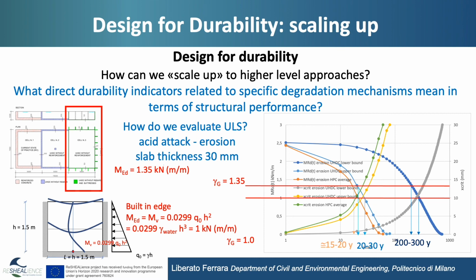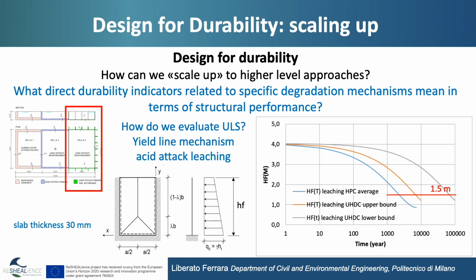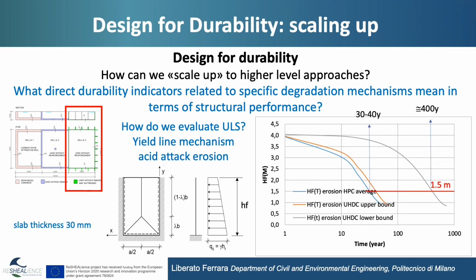Similarly, we made the prediction with yield line analysis. In this case it was much better, both for leaching and for erosion, because we go from 15-20 years to 30 to 40, and even higher in the case of better quality concrete, once again relying upon the redistribution capacity of the structure.